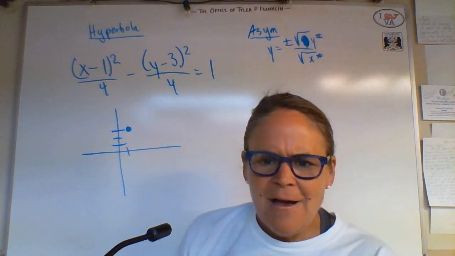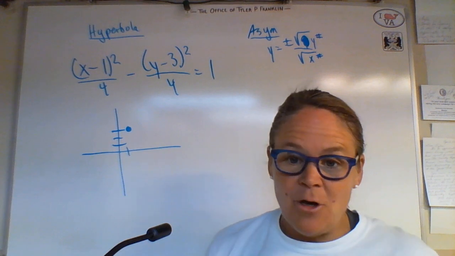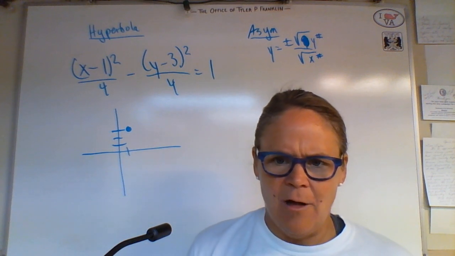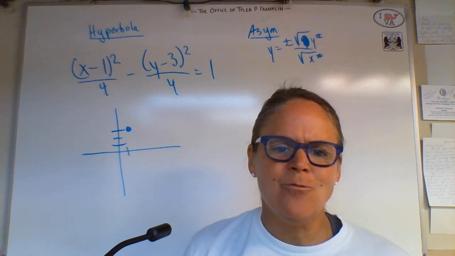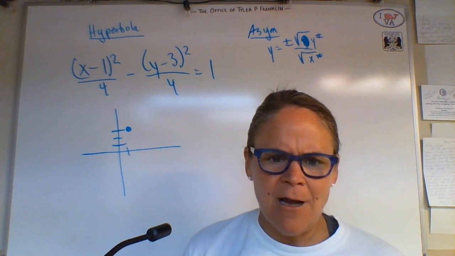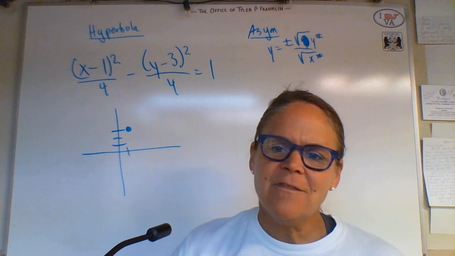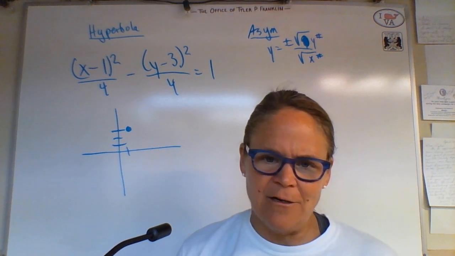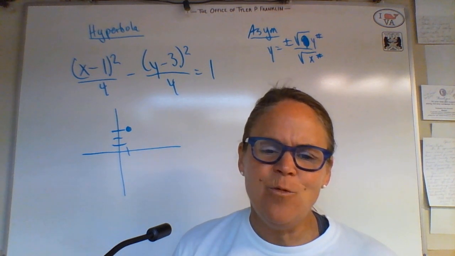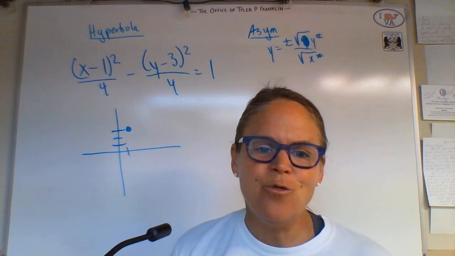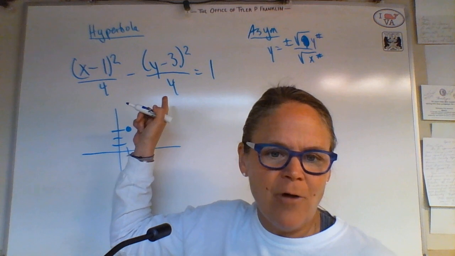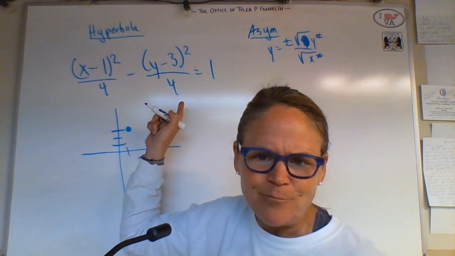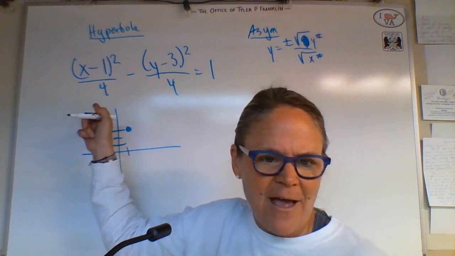When you're thinking of asymptotes, it's always rise over run. You always square root the y squared number over the square root of the x squared number, and then you do the slope from the center, rise over run. Like for this one, this is 4, that's 4.